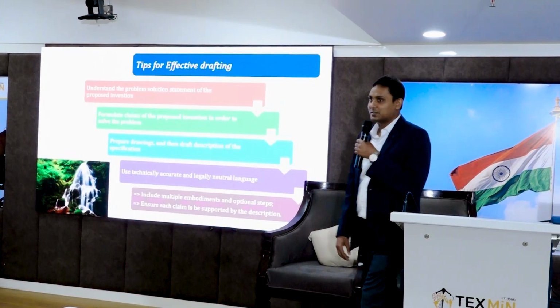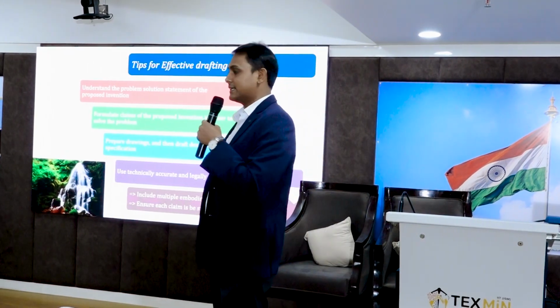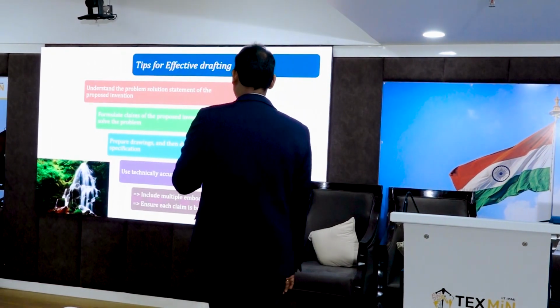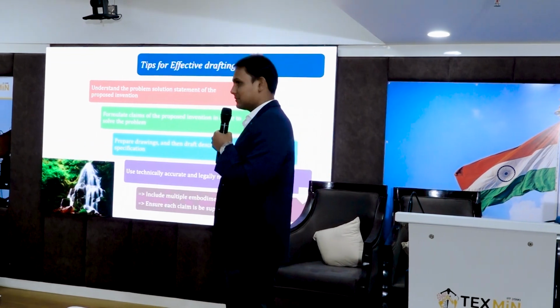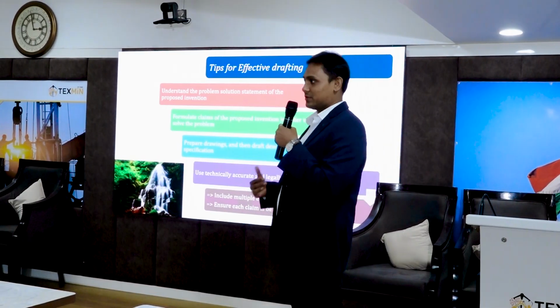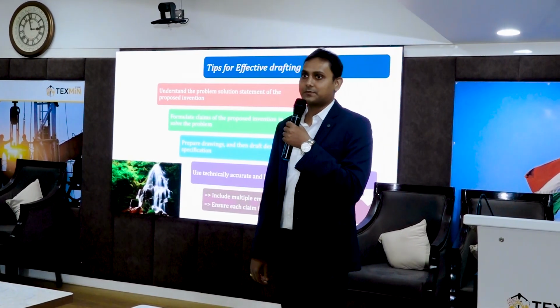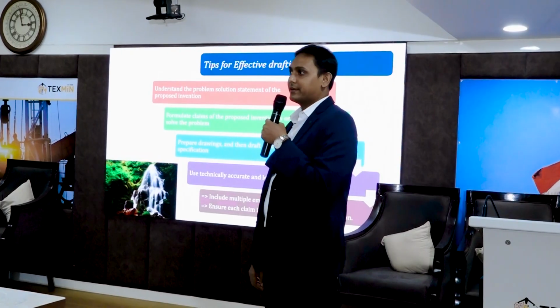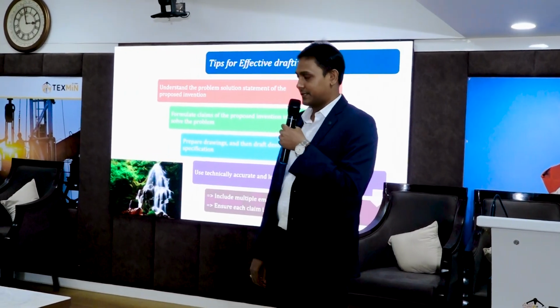This is regarding the tips for effective drafting. There is an image of a waterfall, so it is a step-by-step process. We have to follow that process to prepare a very good draft patent specification.